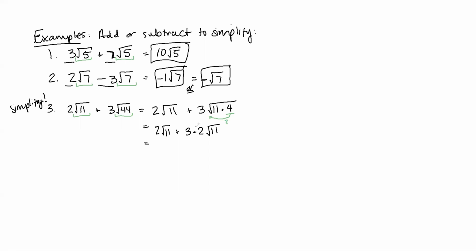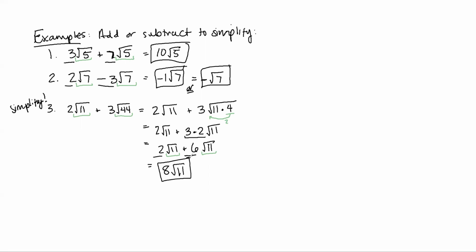And now let's go ahead and multiply these before we add. Always do multiplication first. So we have 2 square root of 11 plus 3 times 2 is 6 square root of 11. And now that we have like radicands, we have an 11 and an 11. We can add our coefficients. So we have 2 plus 6 is 8 square root of 11.